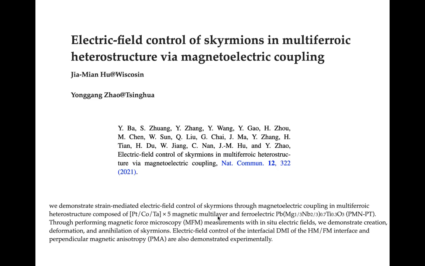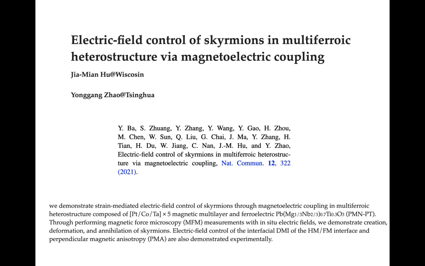They realized exactly the same idea with a different interface. With the magnetic layer and the ferroelectric layer put together, they can use the electric field to generate or annihilate the skyrmions, and they successfully demonstrated this experimentally. This is the experimental group, by the way.